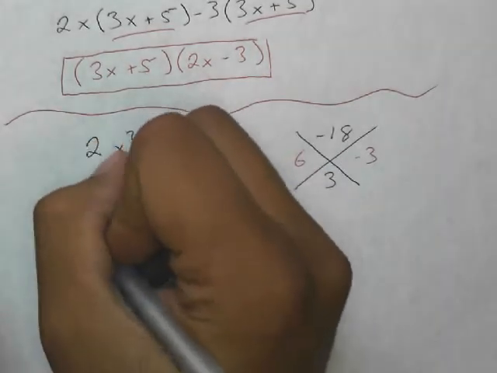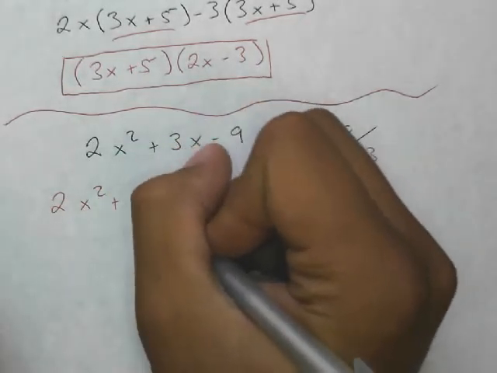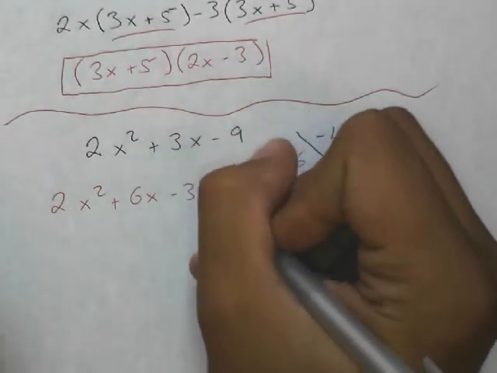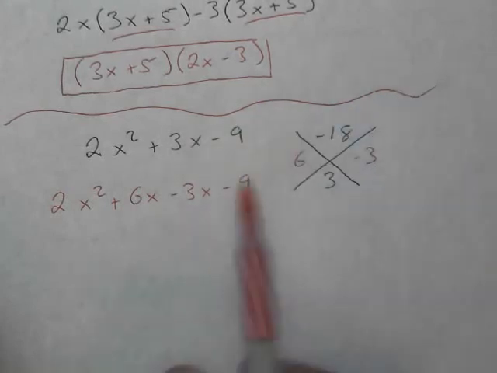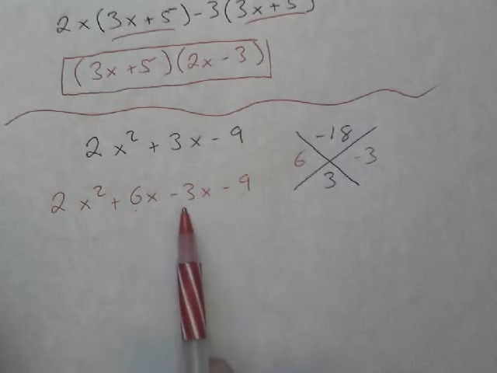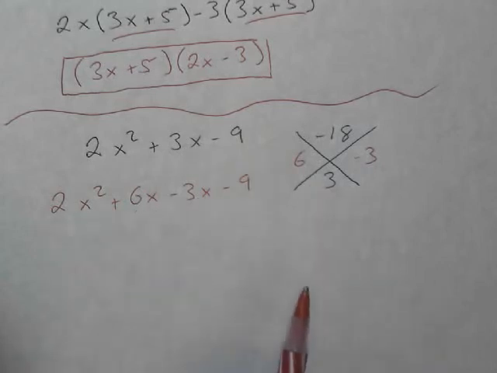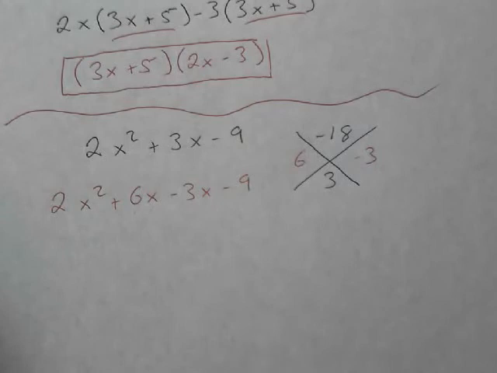Those two are going to get replaced in the middle here as a plus 6x minus 3x minus 9. Now, you may have put these in different orders as a minus 3x and a plus 6x. That is perfectly fine.